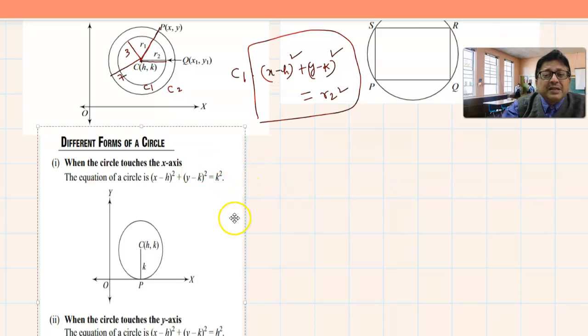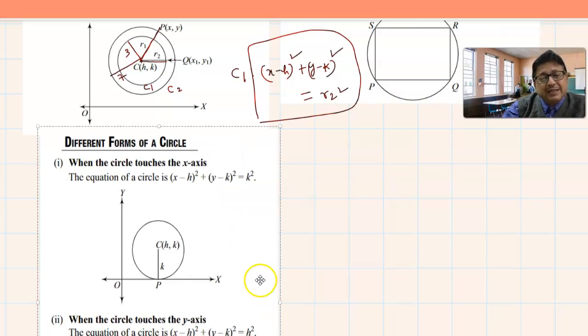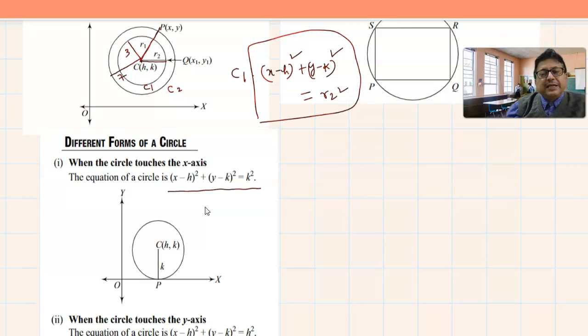But there is a very good concept to state the equation of the circle quickly. If it has center (h, k) and it is touching the x-axis, then its equation is going to be (x minus h) whole square plus (y minus k) whole square equal to k square. This is the equation of a circle which is touching the x-axis at a point.